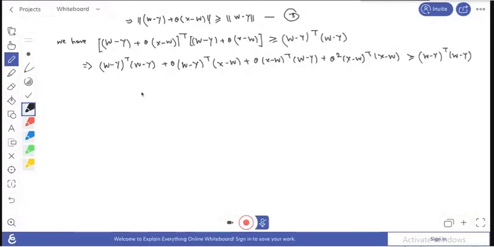So here, this is w minus y transpose w minus y.